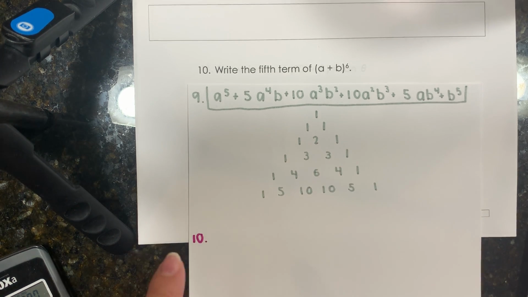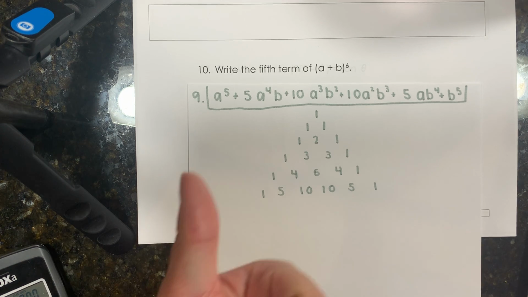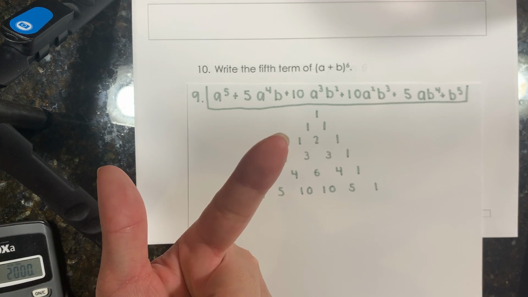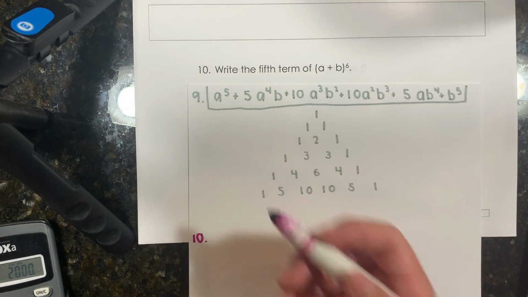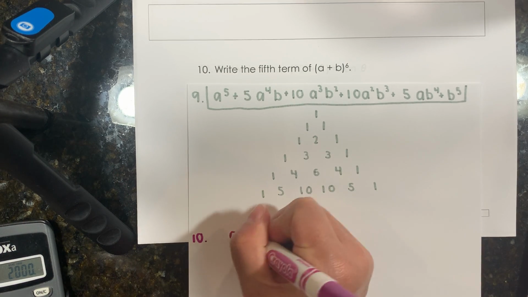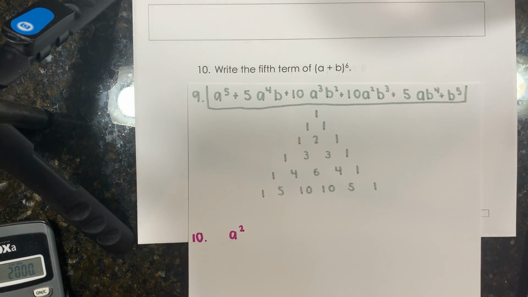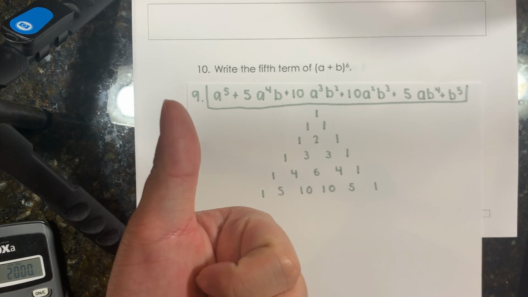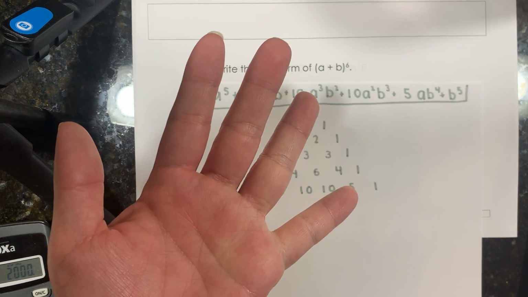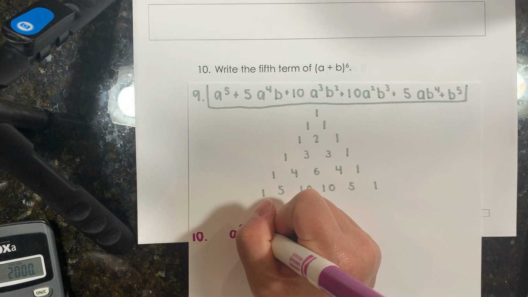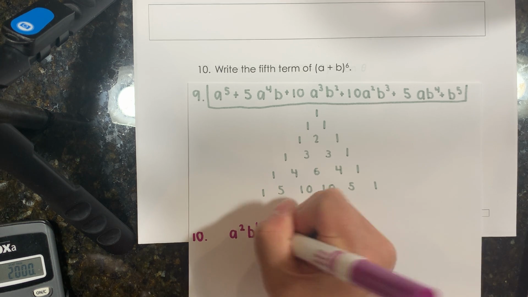It would be A 6, 5, 4, 3, 2. So that means it's going to be A to the second. The second term starts at the lowest power. So 0, 1, 2, 3, 4. So B would be to the power of 4th.